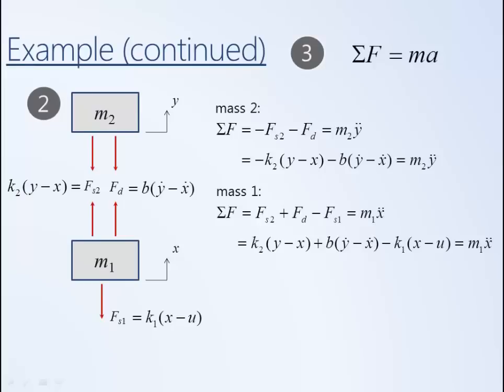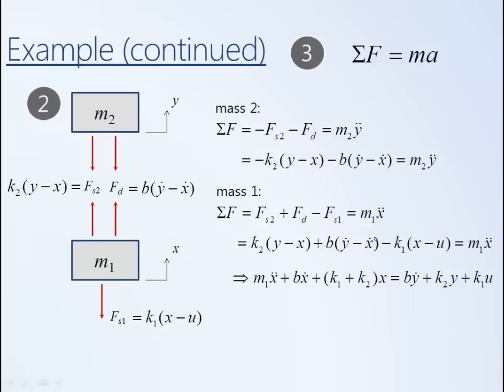Typically, it's common to rearrange the equations into a form such that all of the like terms are on the same side. So for example, all of the y terms are on one side and all of the x terms are on the other side. So if we do that for the governing equation for mass 1, we get something that looks like this. So we had m1 x double dot on one side.